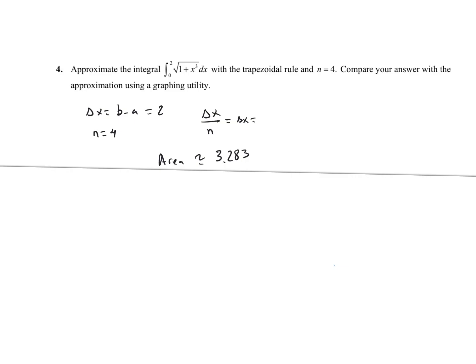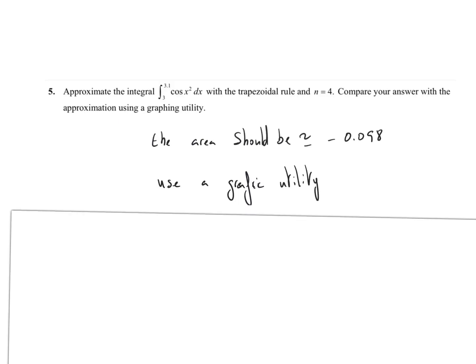Approximate the area between 0 and 2 using the trapezoidal rule, and the answer that you should find is 3.2, approximately, of course. You can do the same thing. This is interesting because you cannot find the antiderivative of cosine of x squared.